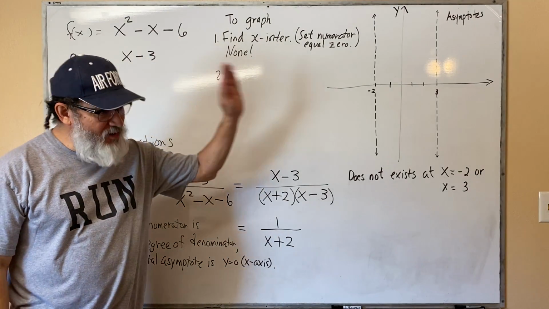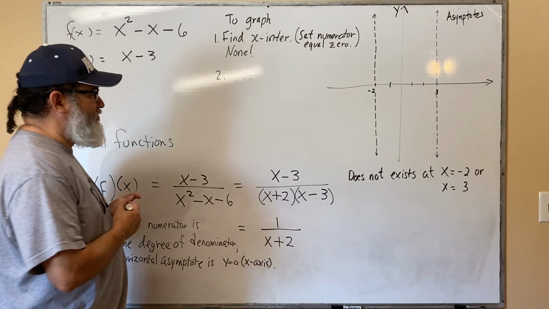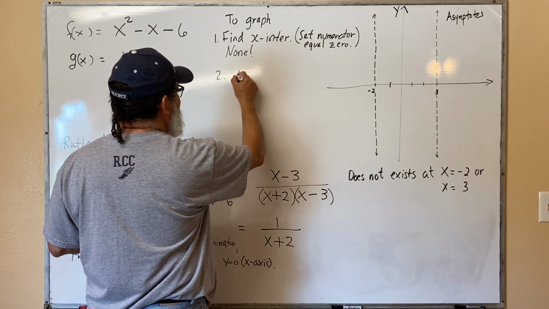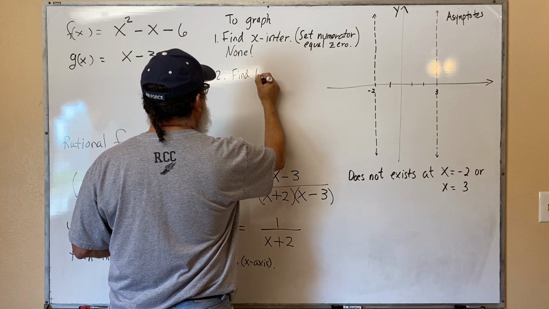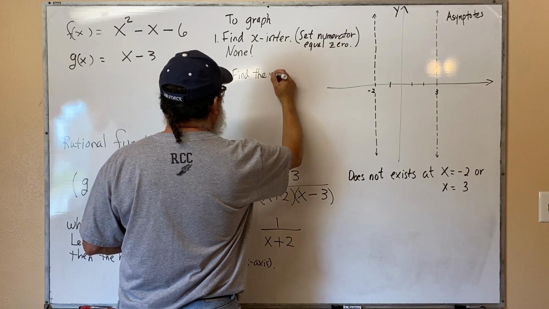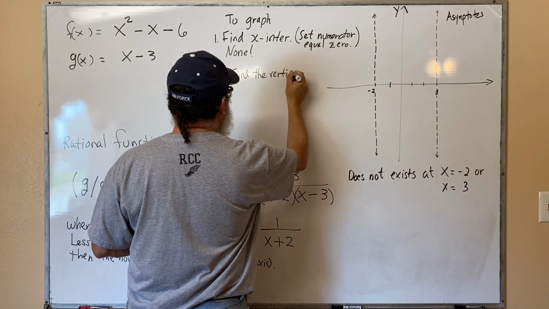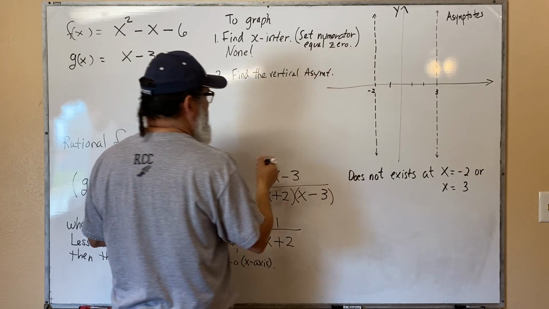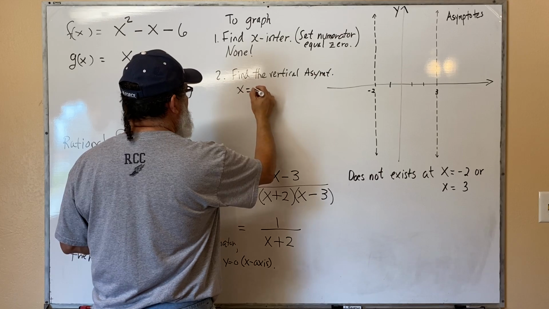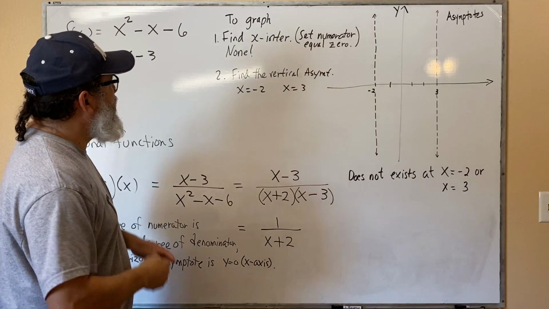2. Find the vertical asymptote. We did. In this case, x equals -2. Okay.